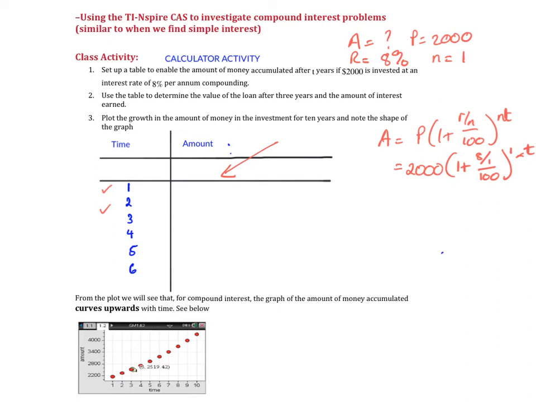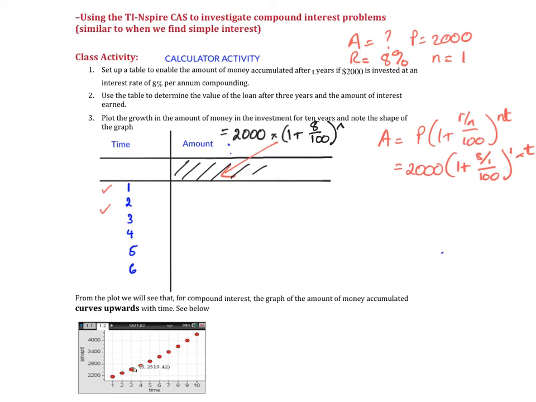Once you go into this grey area here, it'll come up with amount equals. And what does it equal? Well, the rule was, we've just worked it out, 2,000 times, or times your bracket, 1 plus 8 divided by 100, or 8 over 100, to the power of, now remember to the power of looks like that on our calculator, 1 times time.